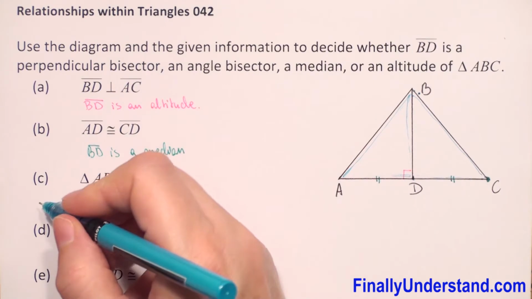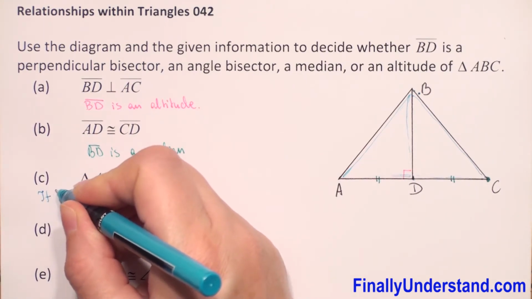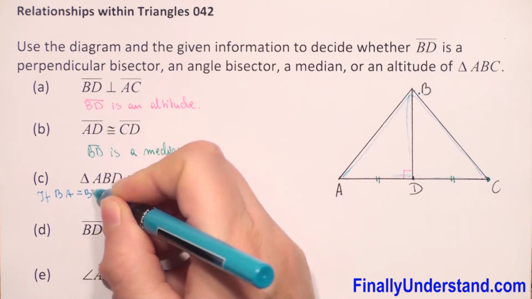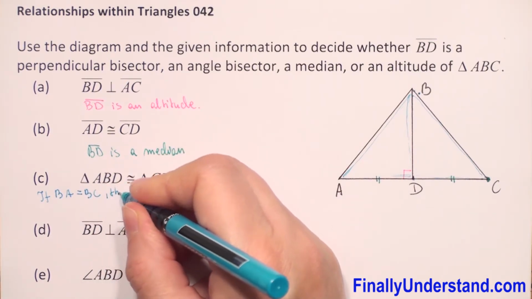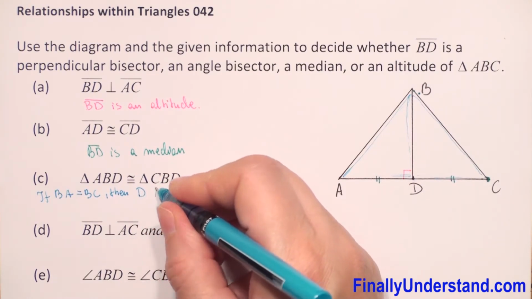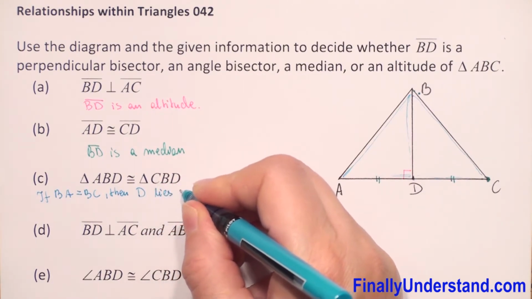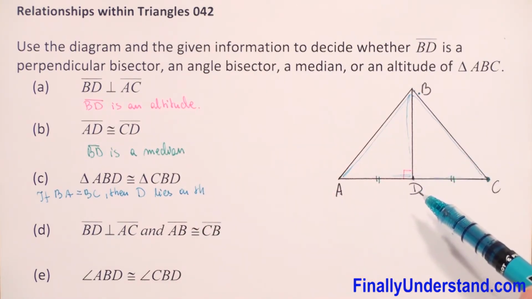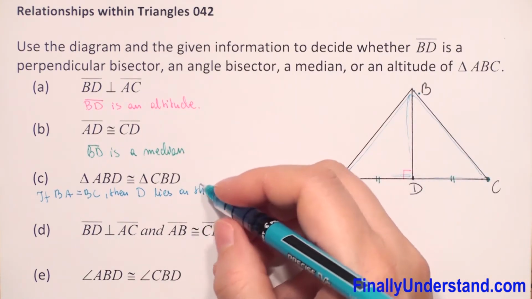So if BA is equal to BC, then D lies on the perpendicular bisector of AC.